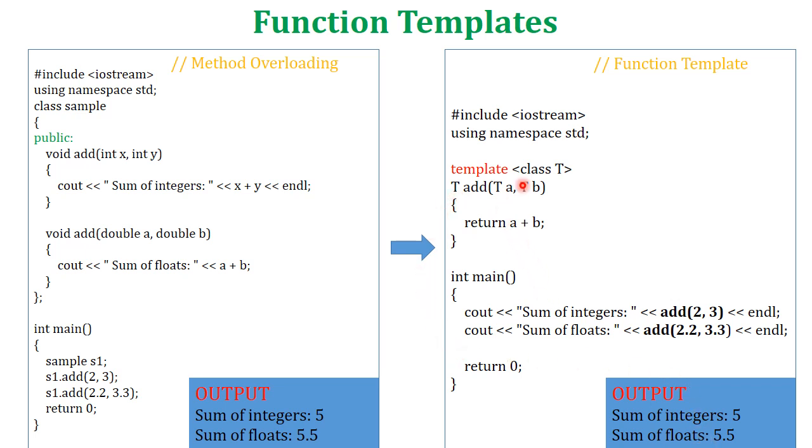So it means the template will reduce the function code size. Here in method overloading, we use a different function to deal with each data type. But with the function template, it uses the same function to deal with all the different data types. This is the way we reduce the number of lines.